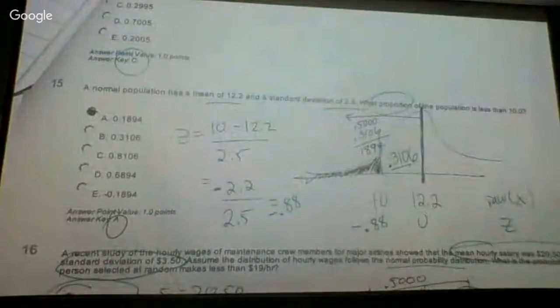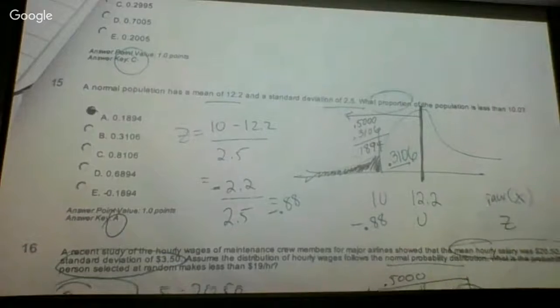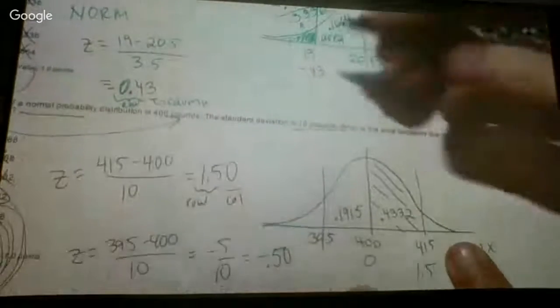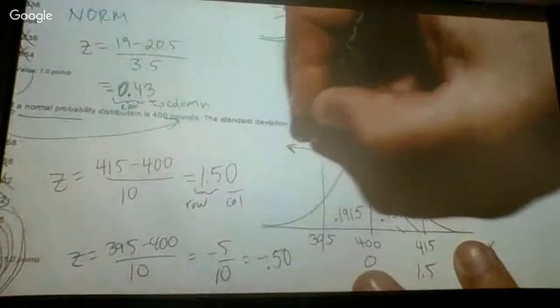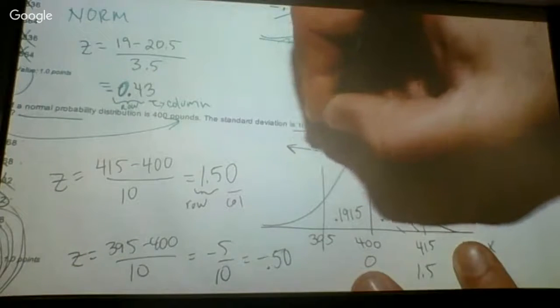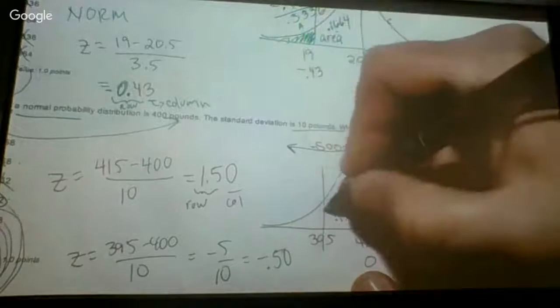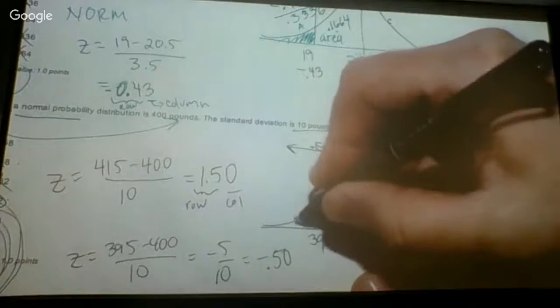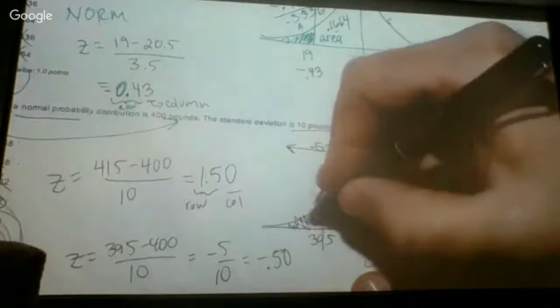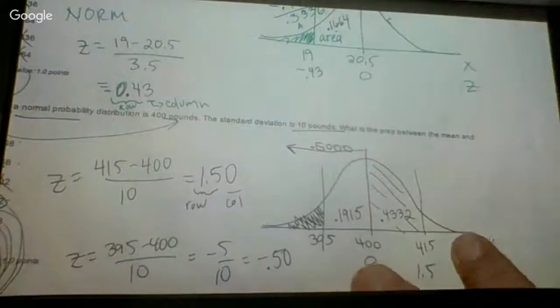0.5 minus previous answer. All of this is 0.5. This is what I'm looking for in question 19. So I take 0.5 and subtract about 20%, and I get something around 30%.